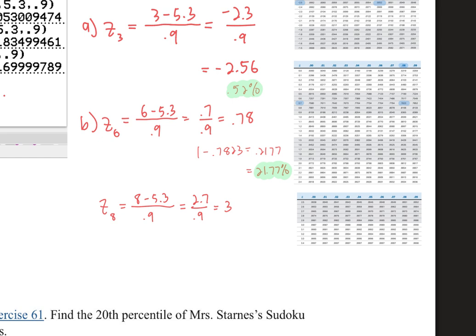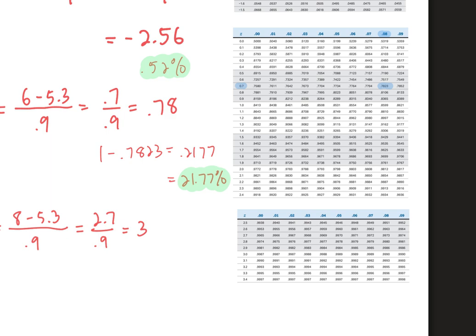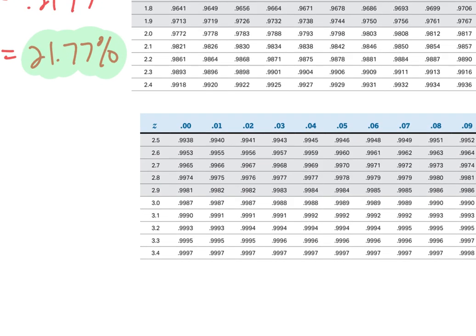More than 3 standard deviations above the mean is 0.15%. But let's look at Table A just to see, maybe it's off by a little. So 3 standard deviations. Oh, it's here. Here's 3 and there's 00, so that's it there.